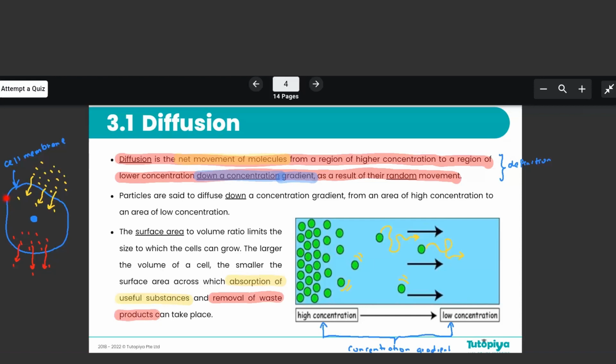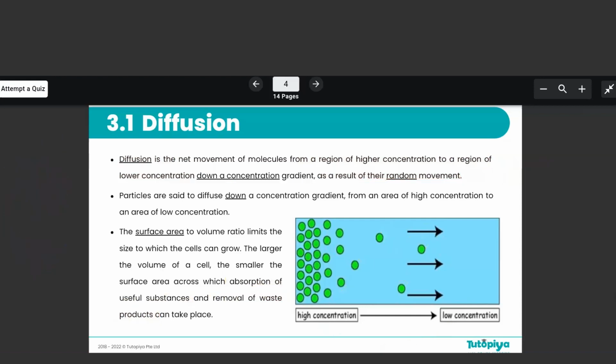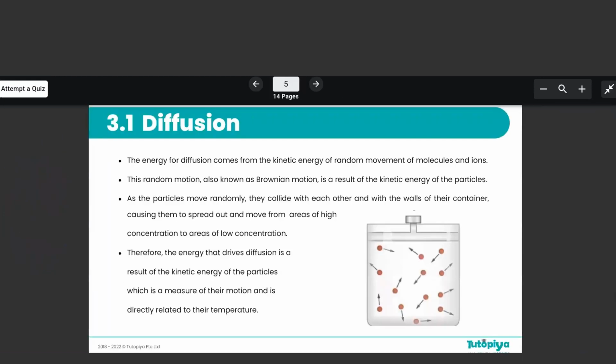And now that we've understood that, let's go deeper into diffusion and see what factor drives diffusion. For example, how is it that these particles get the energy to diffuse from one place to another, right? So here's how it works.